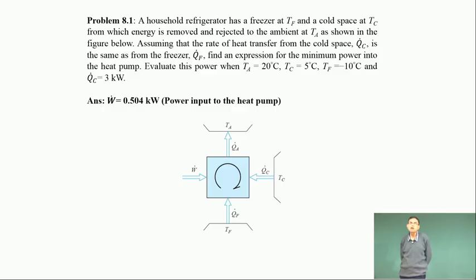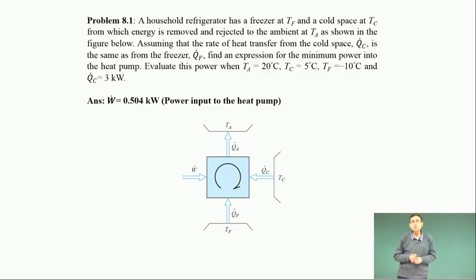Minimum power input refers to a condition when the irreversibilities are minimum, and that means it is a reversible refrigerator. That is the concept that you have to understand. Maximum power output will correspond to an energy producing device, a reversible heat engine.